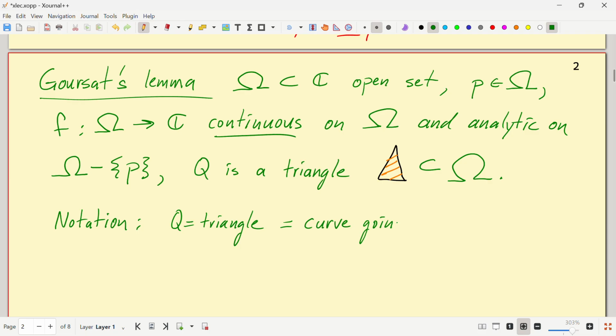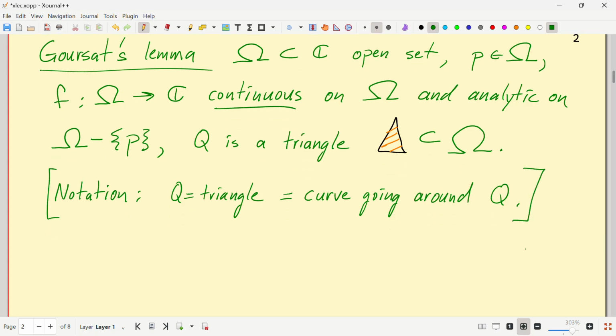I'm going to use the same Q for everything, so that's an abusive notation. But the big conclusion is that the integral around Q of f dz is equal to 0. And that's true even if p is inside the triangle or nowhere to be seen.